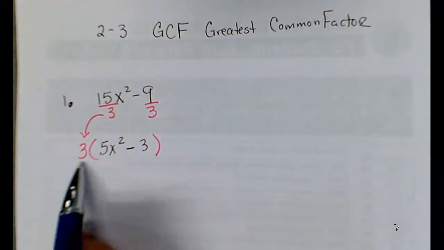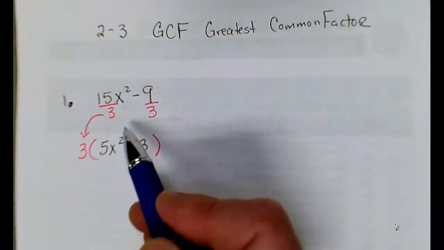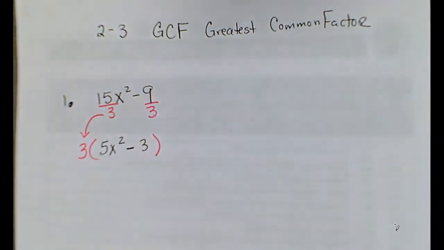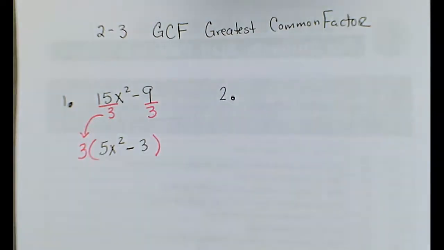So do you see that if I distributed that, it would be the problem I started with? And so that's why I sometimes call this undistributing. We're doing the opposite of distributing. The mathematical term for it, though, is factoring.